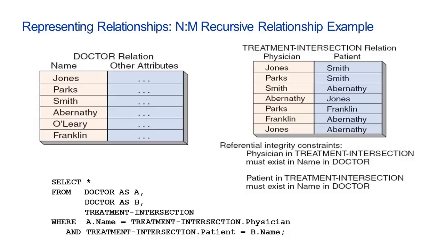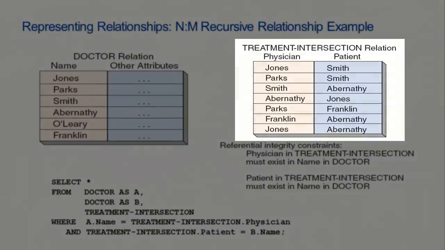So conceptually, this is a many-to-many recursive relationship on our doctor table. In order to actually implement these many-to-many recursive relationships, we will need to use an intersection table, which will function as a lookup table that allows us to determine, in this case, which doctors are being treated by which other doctors.